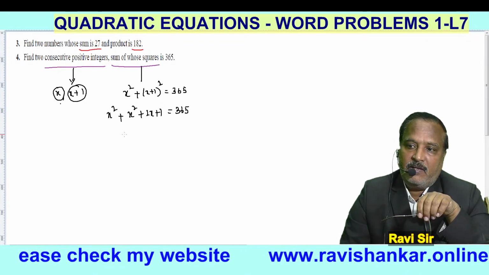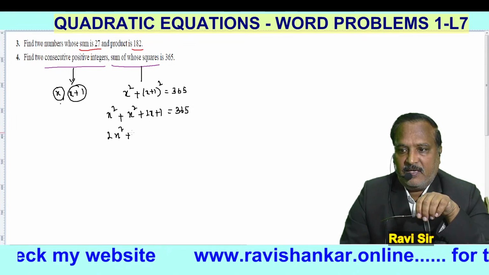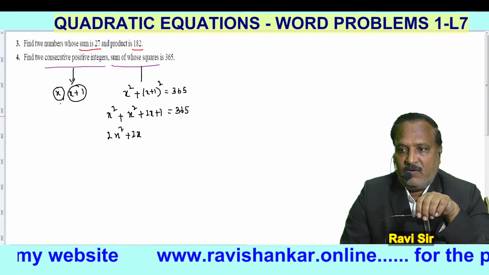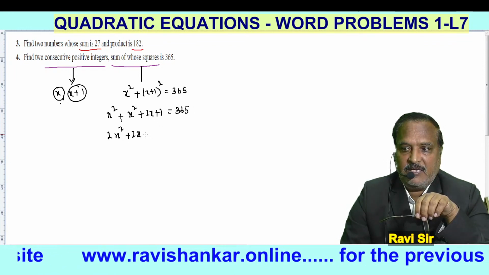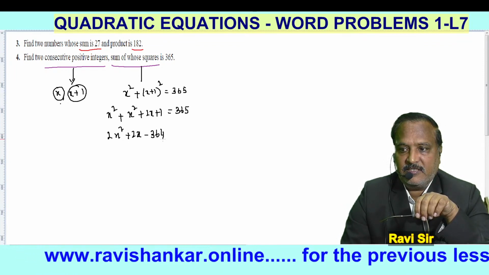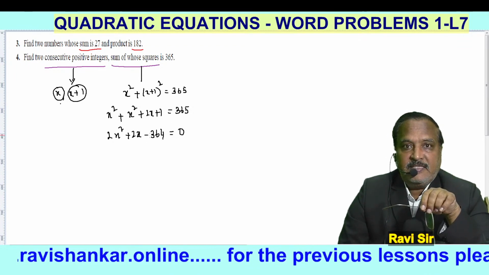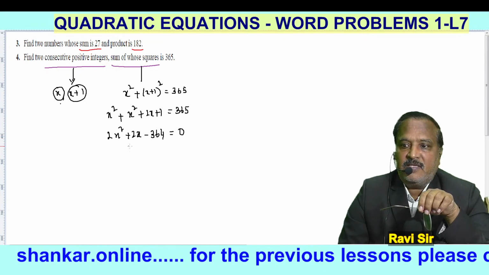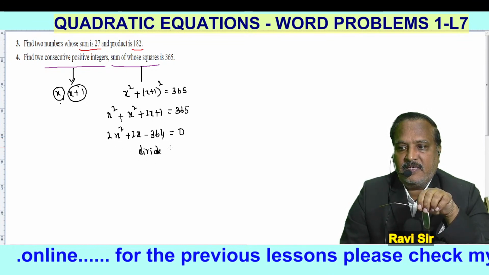So now bring all the terms to the left hand side. There are 2x squares, I write 2x square, plus 2x, and 1 and 365 come to the left hand side, minus 365 plus 1, so minus 364 is equal to 0. So here this is the quadratic equation. It is not in the simplest form because there is a common factor in all the three terms.